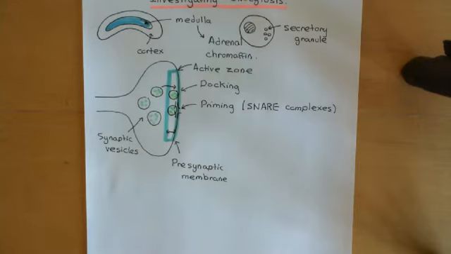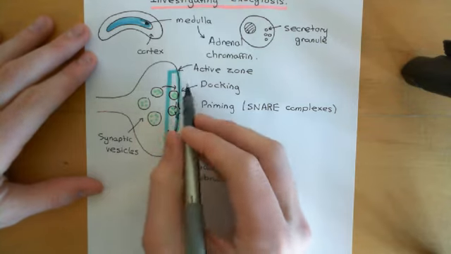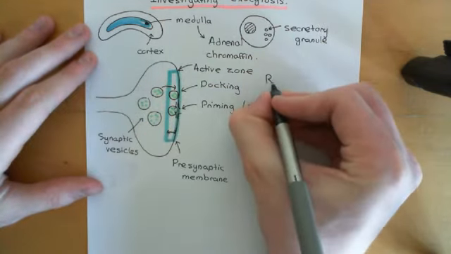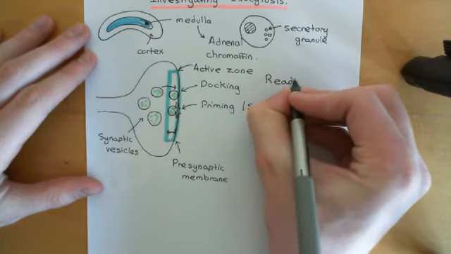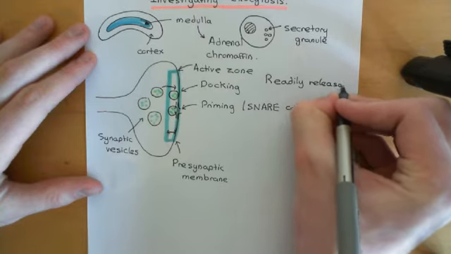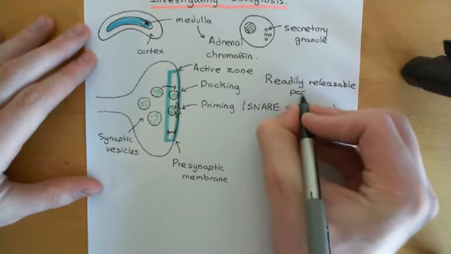Okay, then after you've got these primed synaptic vesicles which are attached to the plasma membrane, by the way, this store of synaptic vesicles in the active zone, which are all primed, that store is now known as the readily releasable vesicle pool. Sometimes it's just called the readily releasable pool of vesicles.